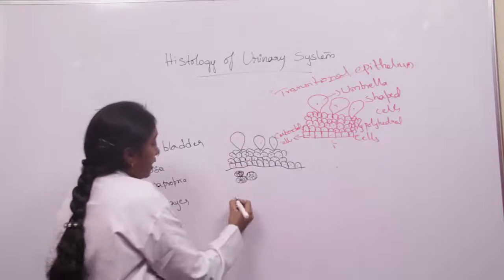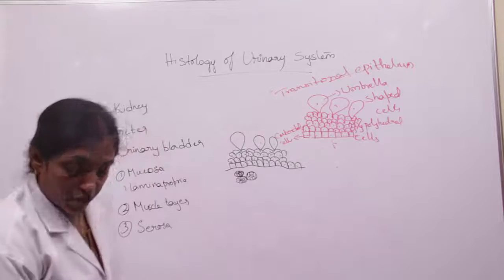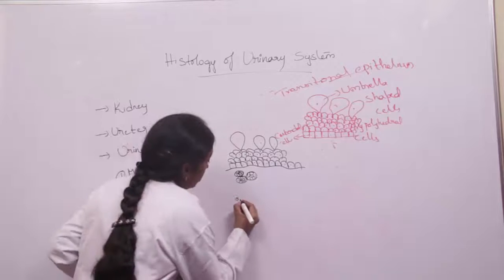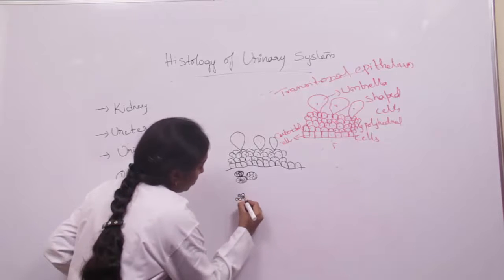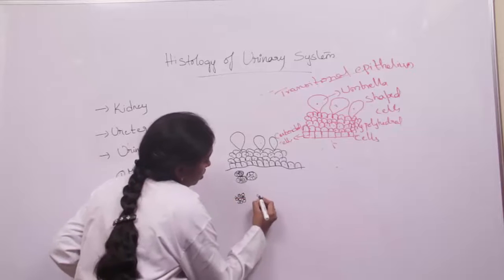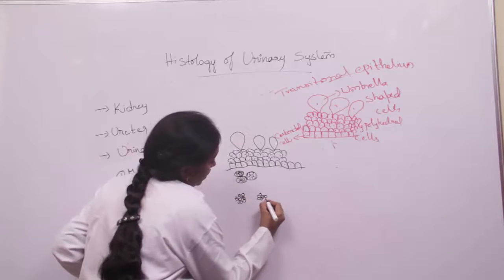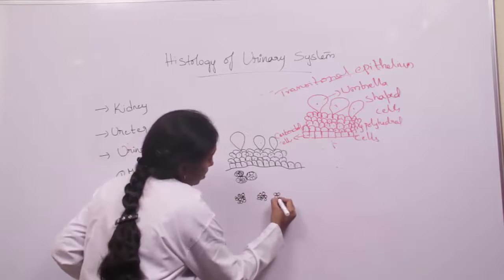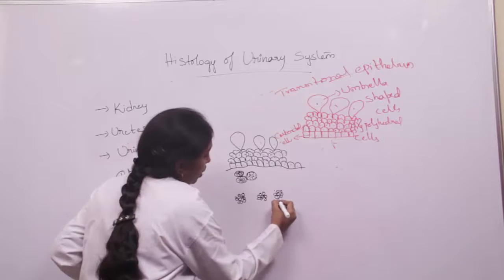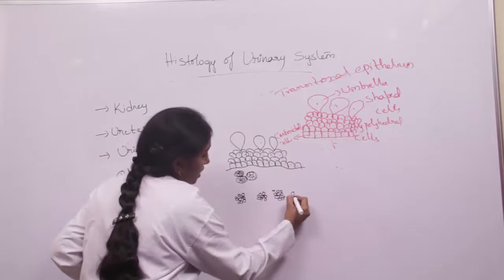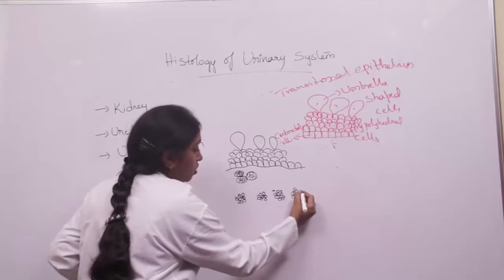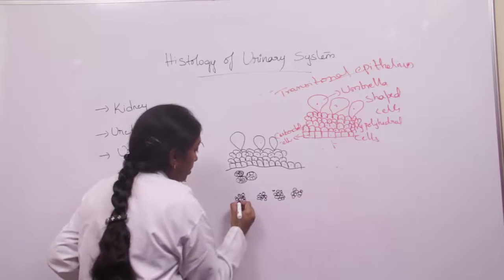And coming to the muscle layer, like the ureter, it consists of inner and outer longitudinal and middle circular layers. This is the inner longitudinal muscle layer, because when we take the section, you have to draw the longitudinal muscle layer like circles.